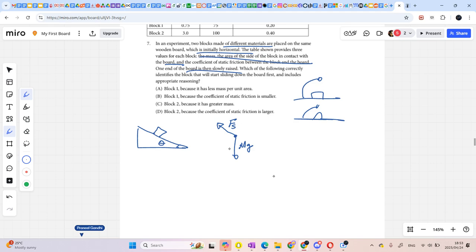Keep in mind that static friction has essentially a limit. Static friction can change in value depending on how much the incline is inclined. The maximum static friction is the coefficient of friction times the normal force.